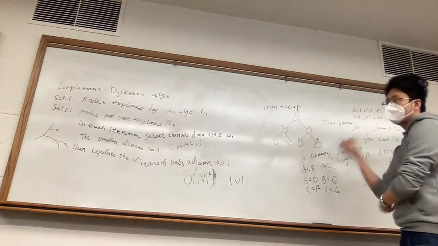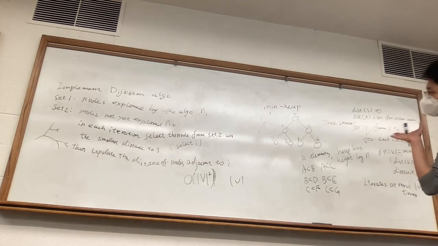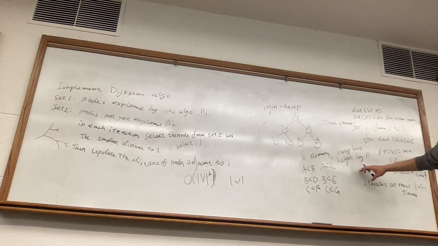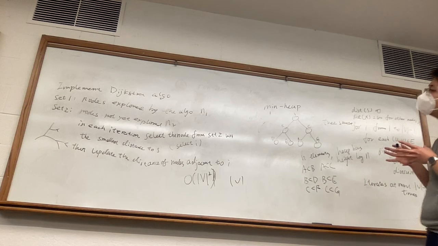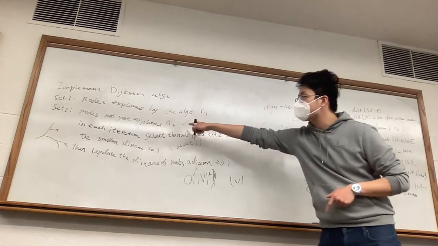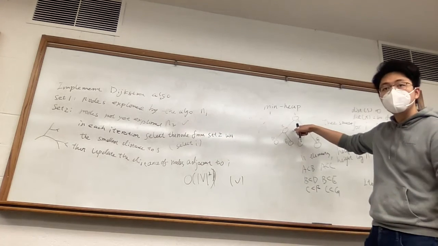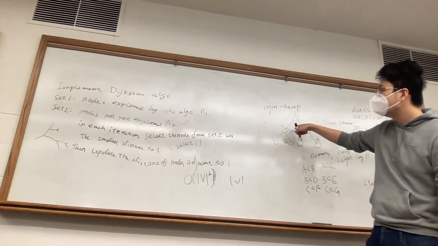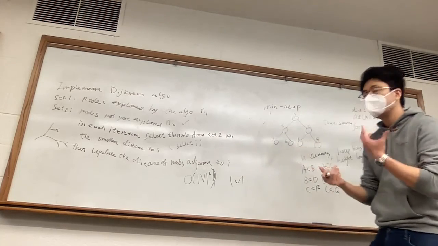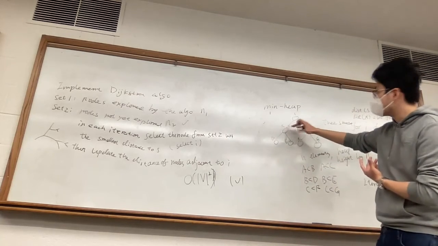Why is heap useful? First, I have told you that heap has height log n. So what we can do is put set 2 into a min heap. Then, every time we want to select the node from set 2 with the shortest distance, who has the shortest distance?